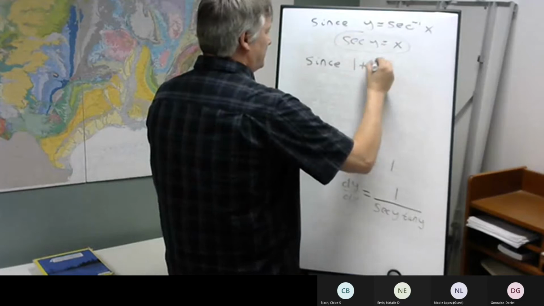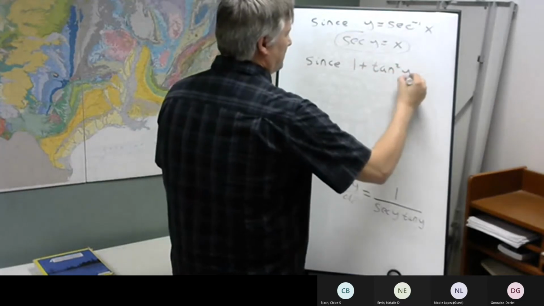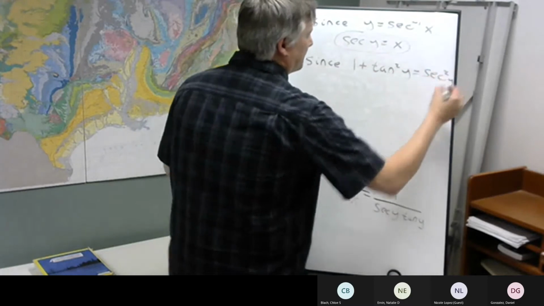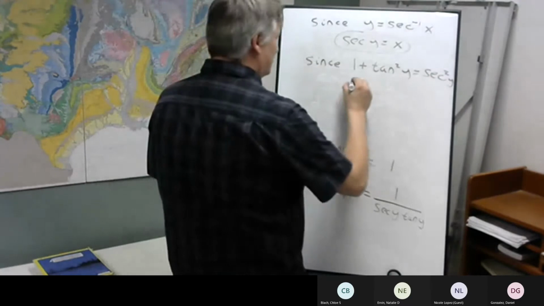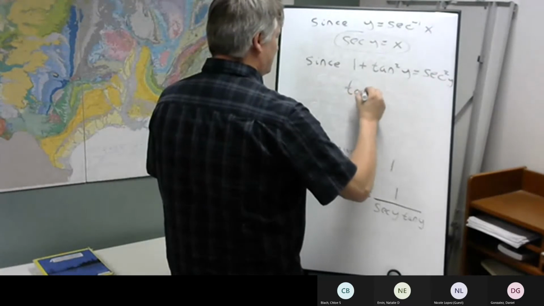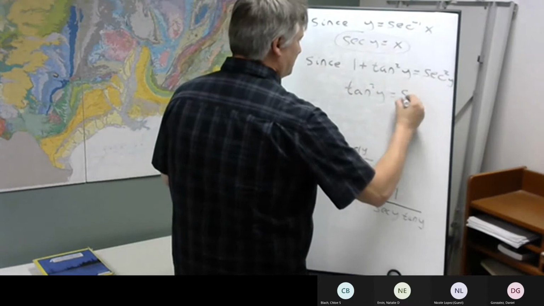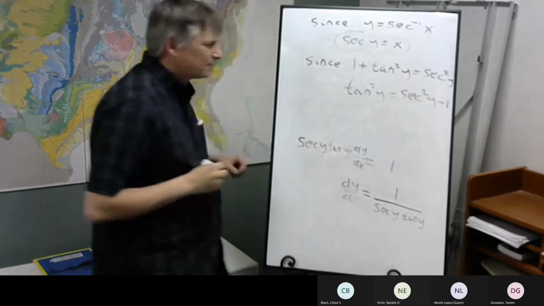Since 1 plus tangent squared y is equal to secant squared y, that means tangent squared y is secant squared y minus 1.